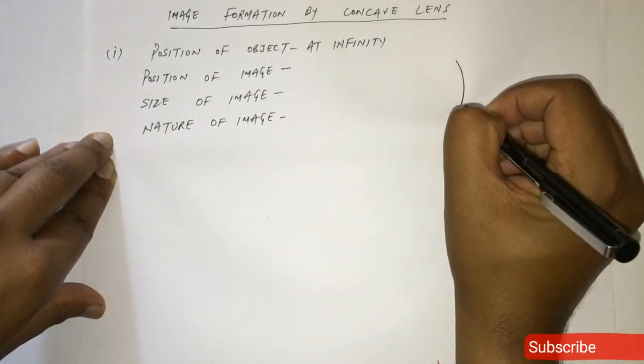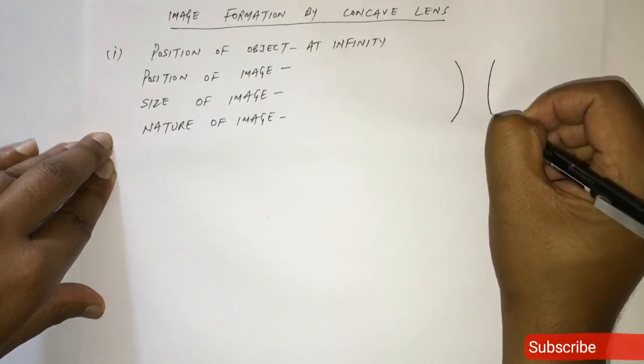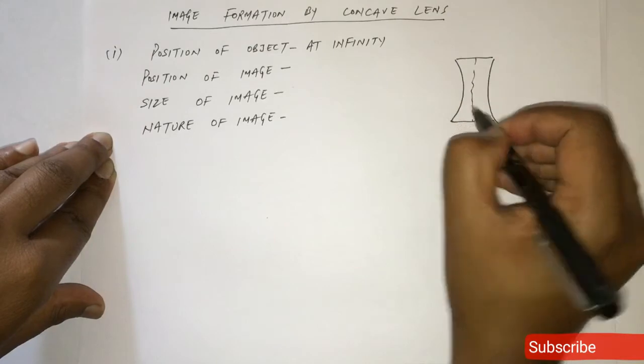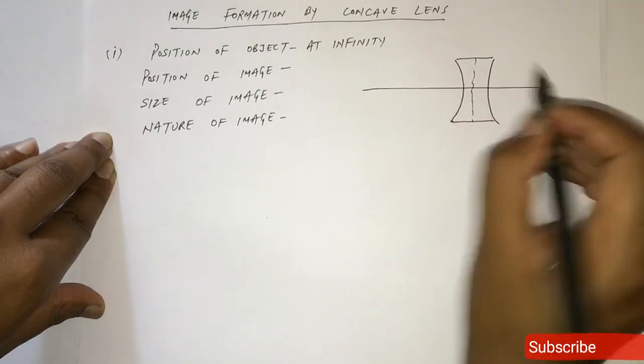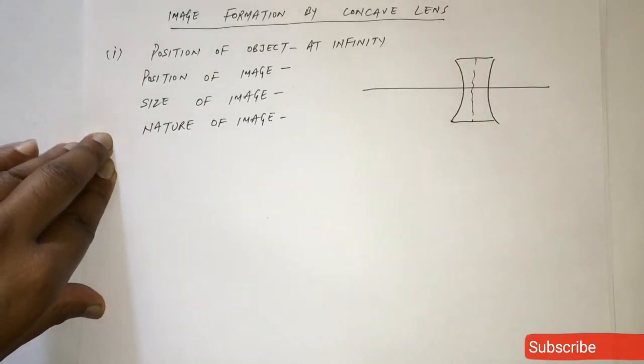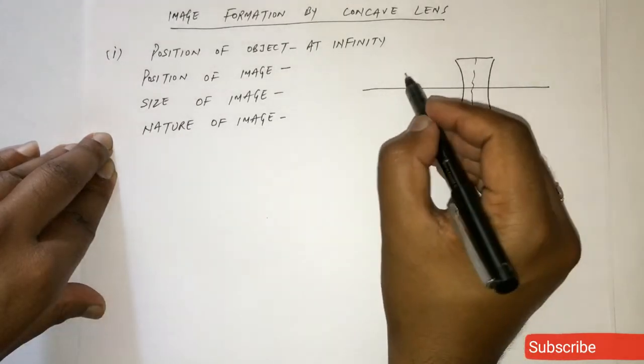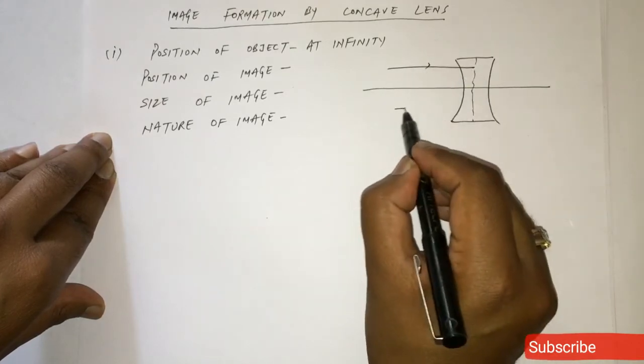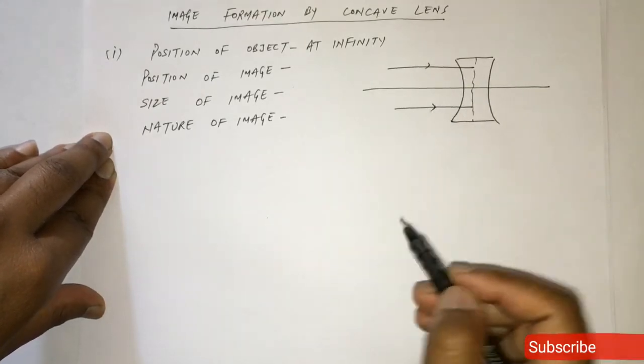So here is your concave lens. Principal axis. Object is placed at infinity. If the object is placed at infinity, in that case the light rays will come parallel to each other like this. Fine.